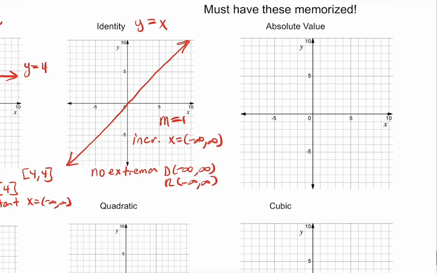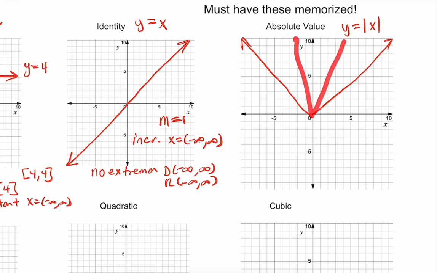Okay, let's talk about the absolute value function. One of the things I noticed on some of your quizzes when you were making the absolute value function, it is a perfect V. So think about this line right here. That is half of that line. And it should be a perfect V here. Some of you tried to make it a little more closed like that.